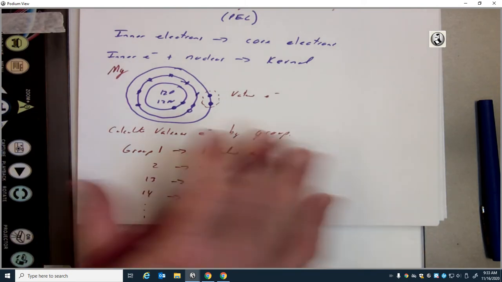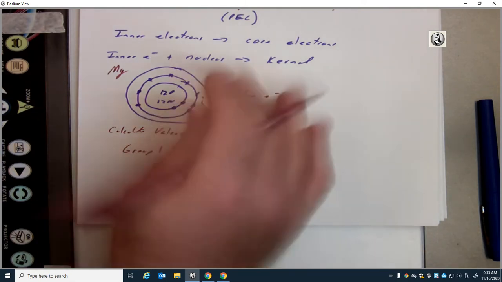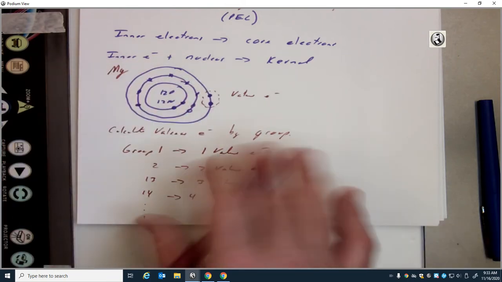Now, we're going to be using Lewis diagrams or dot diagrams a lot during bonding. So let's just review those a little bit. Our Lewis diagrams are going to show us our valence electrons.